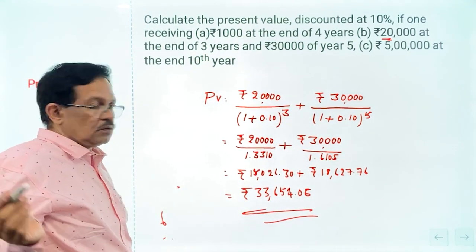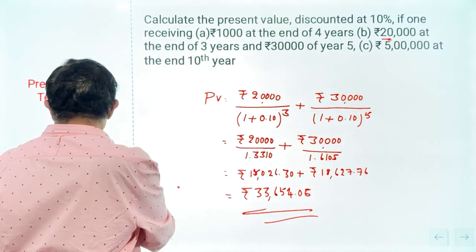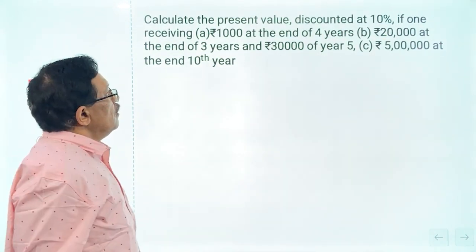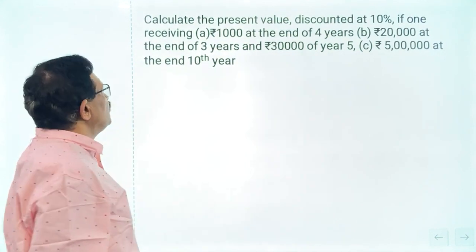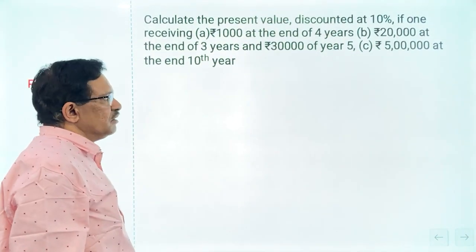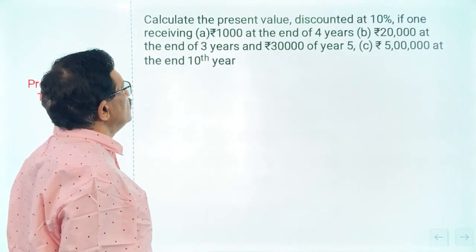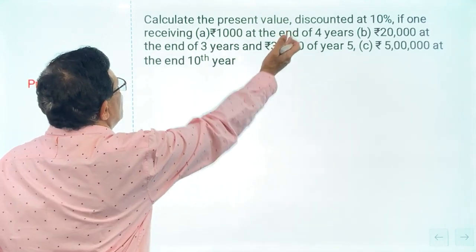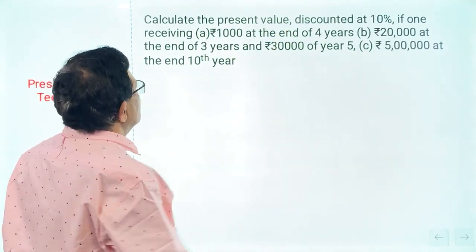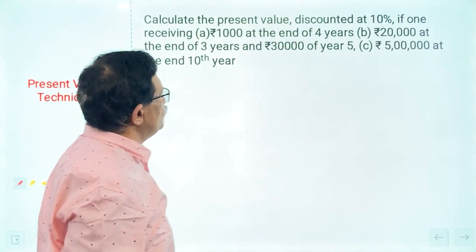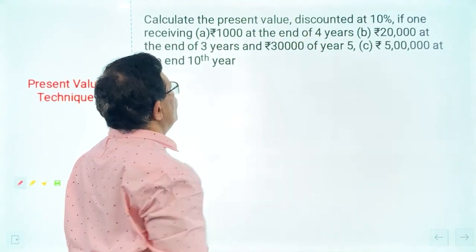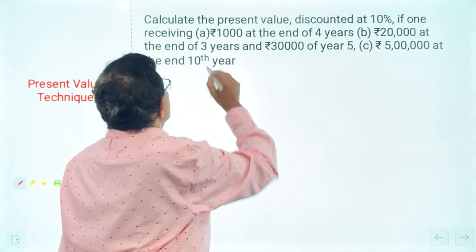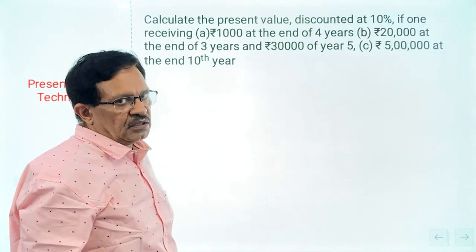Let's move on to the next bit. He says he is getting 5 lakhs rupees at the end of 10th year. How do you get this particular amount? This is similar to the first bit, wherein he is getting the amount after 4th year, and here he is getting it at the end of 10th year.